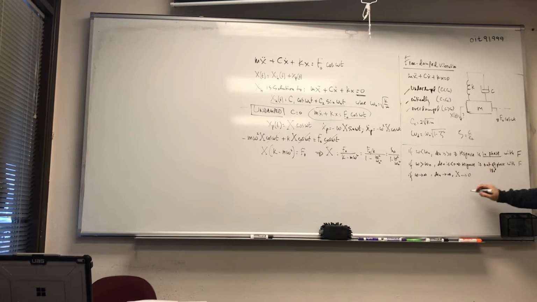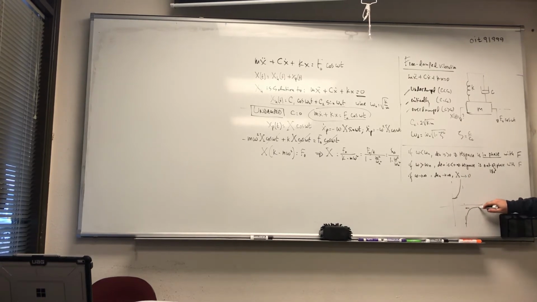That's why we had that little plot, if you remember, where this is omega n. Usually you have something that increases like this, and then here it comes in and goes like that. So this is omega, or omega over omega n, where the value here is 1.